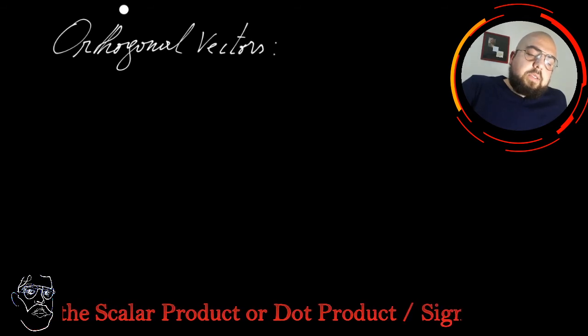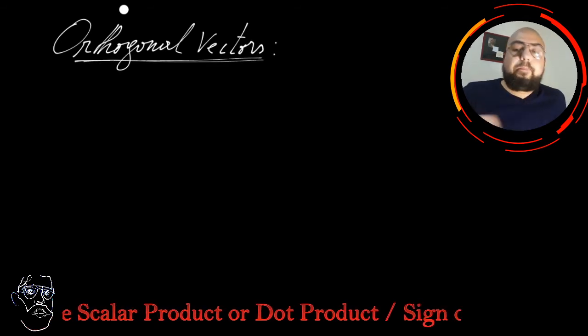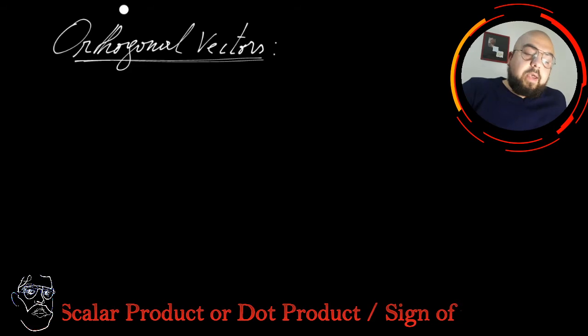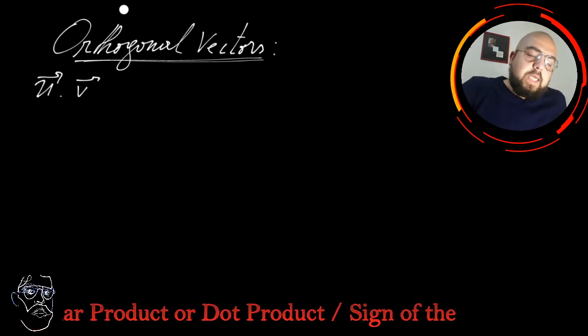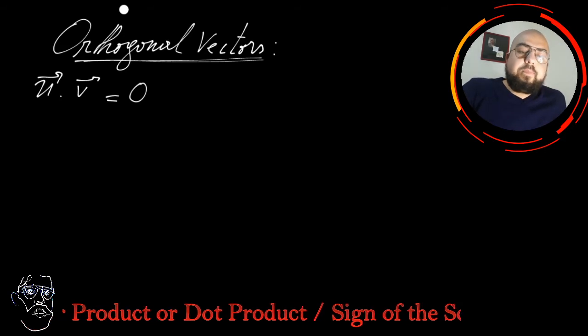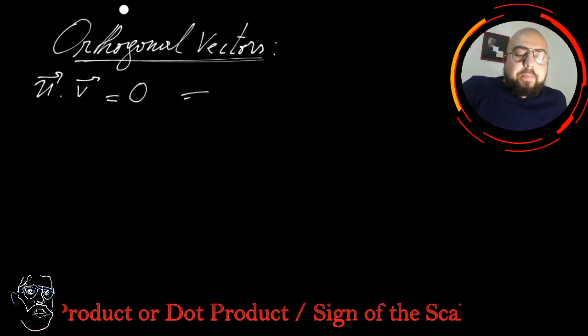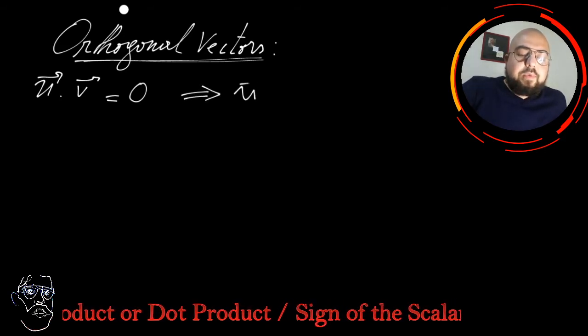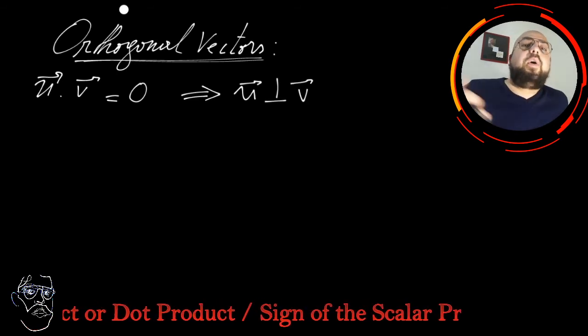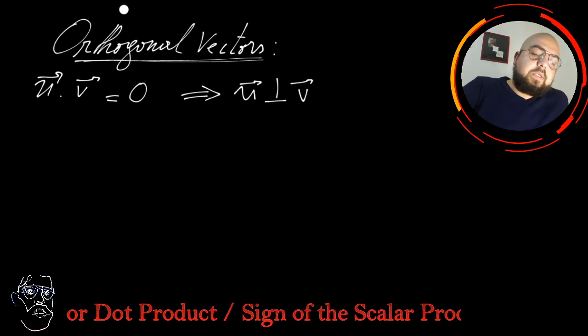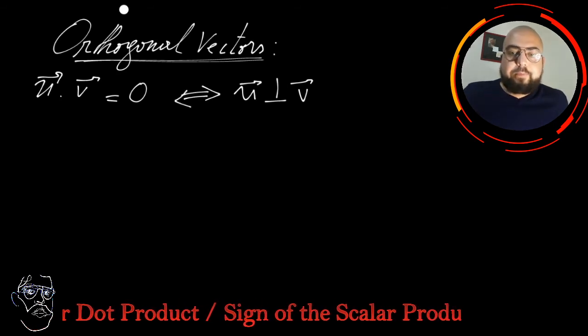Now, in this case, whenever you have u scalar v is equal to 0, it directly implies that you have u orthogonal to v. Or if you have u orthogonal to v, it means that the scalar product is equal to 0.